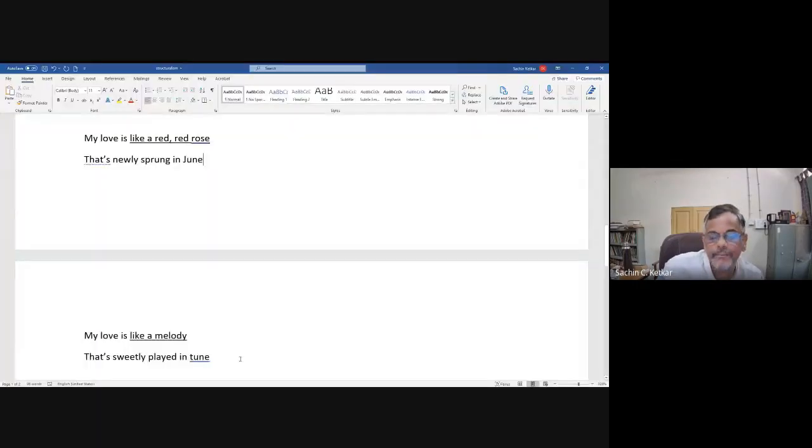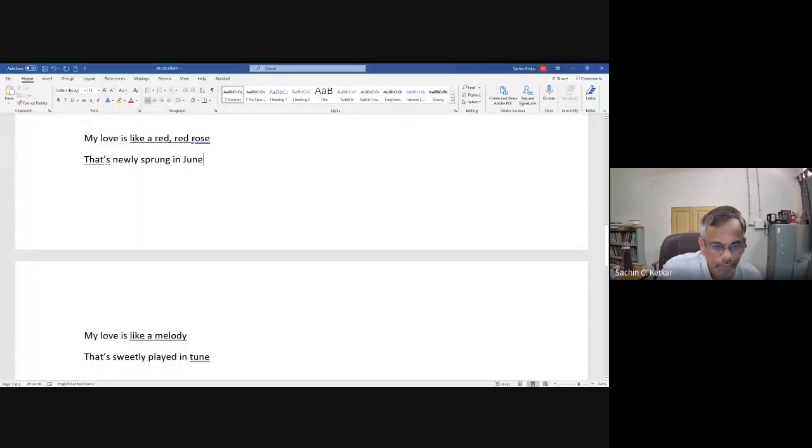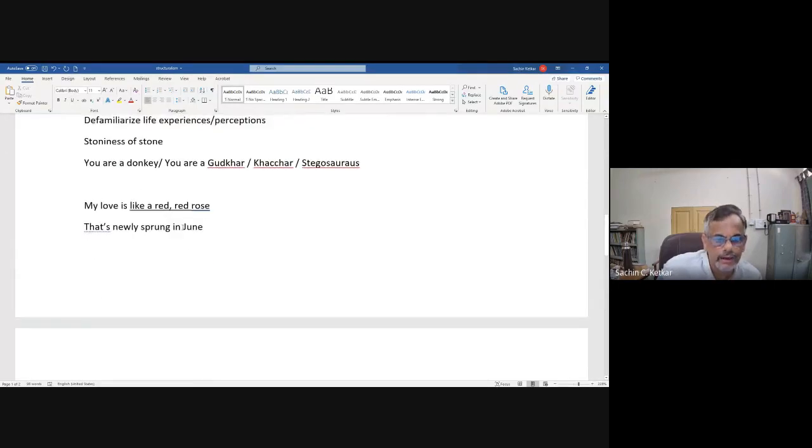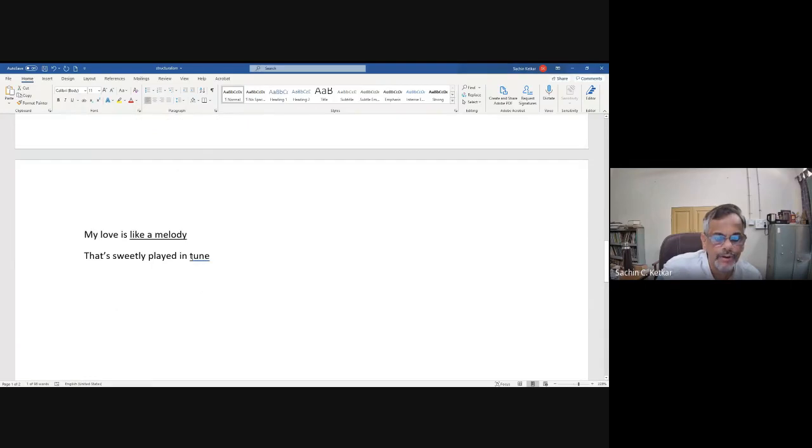But when you read this in a poem, you naturalize it by explaining away its agrammaticality. That's the term used by some other theorist. But it means you don't use this in everyday conversation. A red, red rose. You don't use rhymes, June or tune.